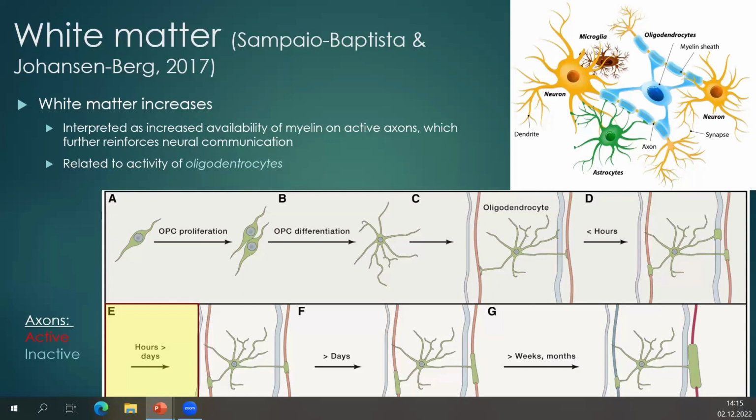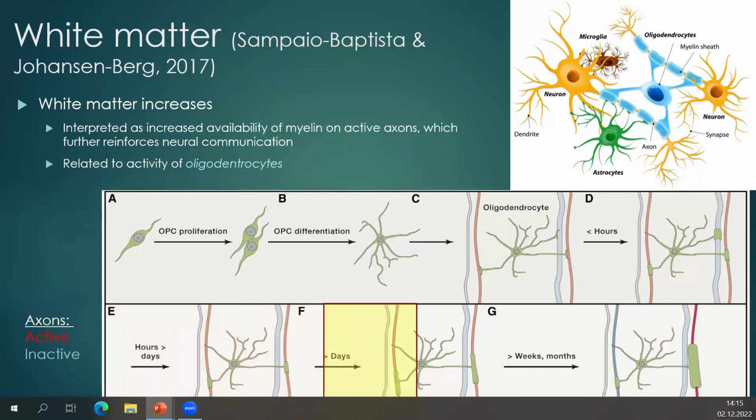But then if one of them stops being active, you see that this patch becomes smaller. So it draws back, right? Whereas this one is very active, and you have even more wrapping. So even more white matter, right?